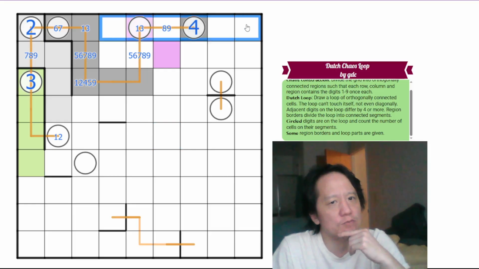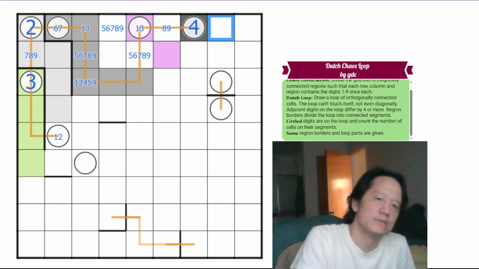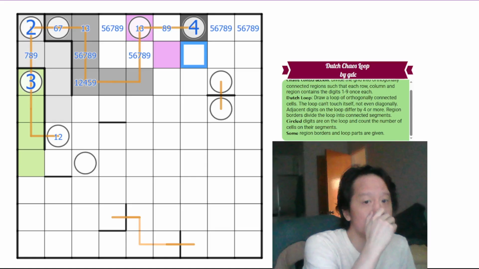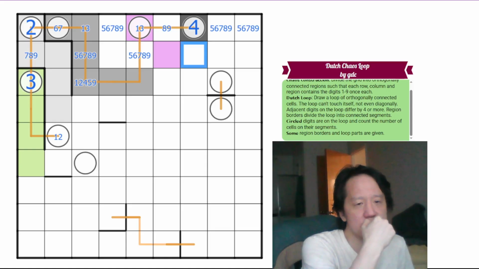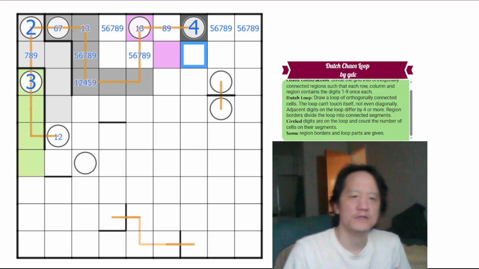Rest of row 1 has to be 5 through 9. This is 3.